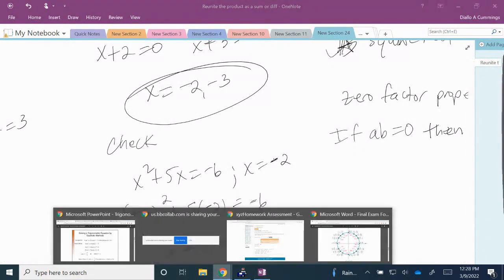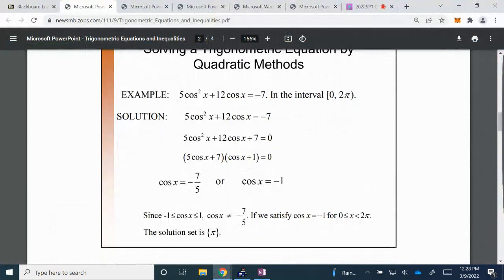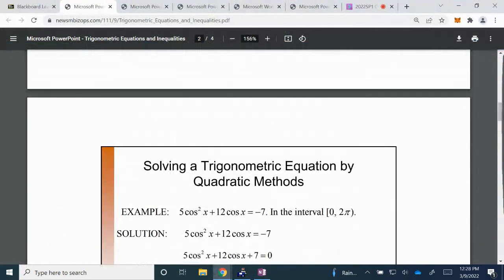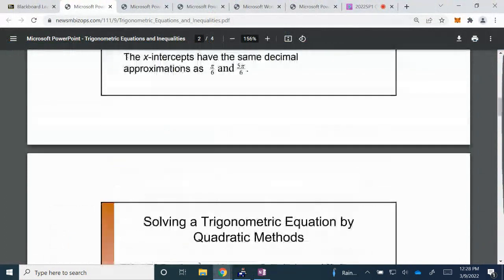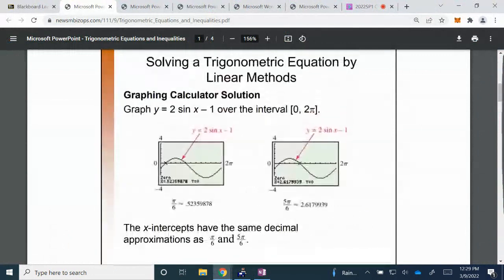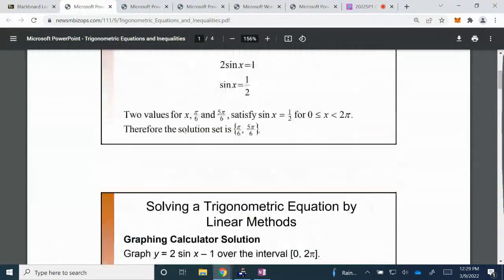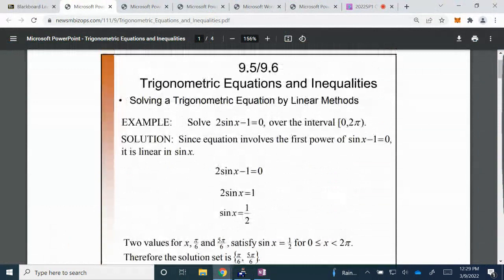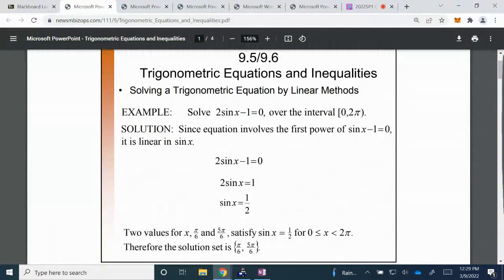All right, so now we'll take a look at, I guess, one example. It's this one. It says solve the trig equation. We have to solve 2 sine x minus 1 is equal to 0 over the interval from 0 to 2 pi.